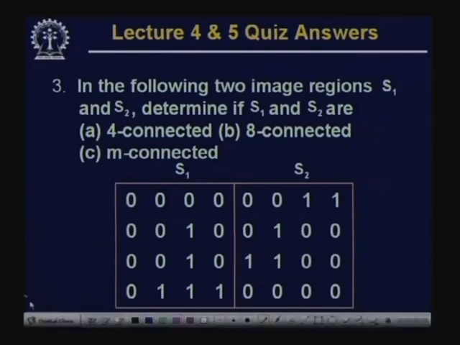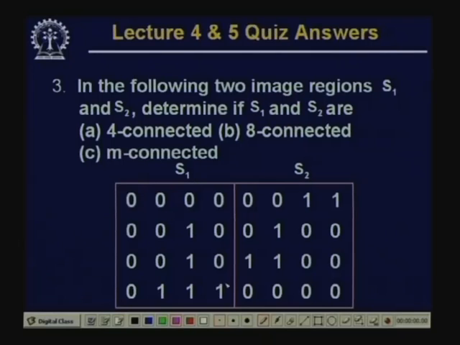But here you find that I have a point in S1 here, and there is a point in S2 here. These 2 are actually connected, but they are not 4 connected. We can say that these 2 points are connected in the 8 connected sense, because this point is an 8 neighbor of this point. Similarly, this point is also an 8 neighbor of this point.